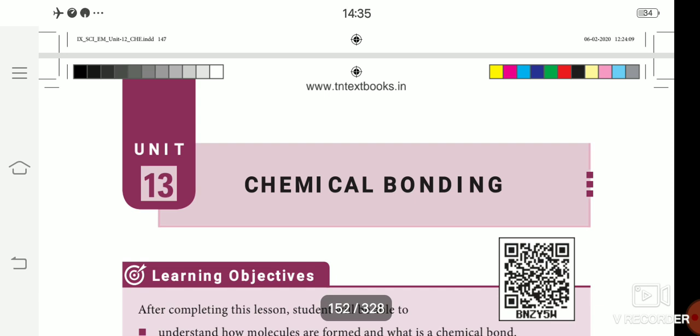The features are physical state, electrical conductivity, melting point, solubility, density, hardness and brittleness, and reactions. The first one is the physical state.